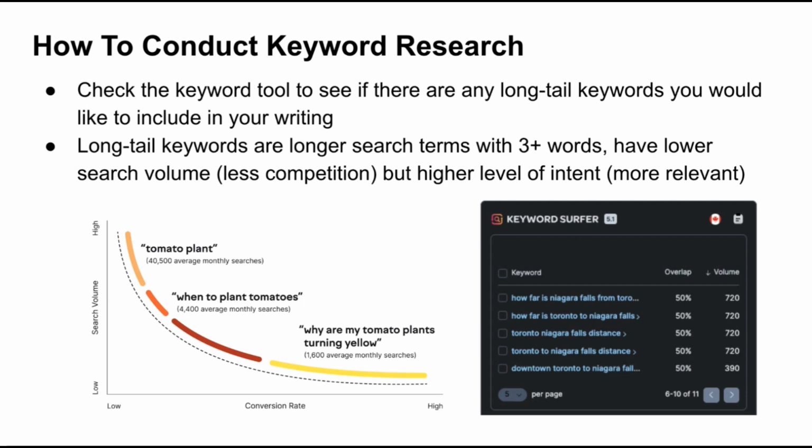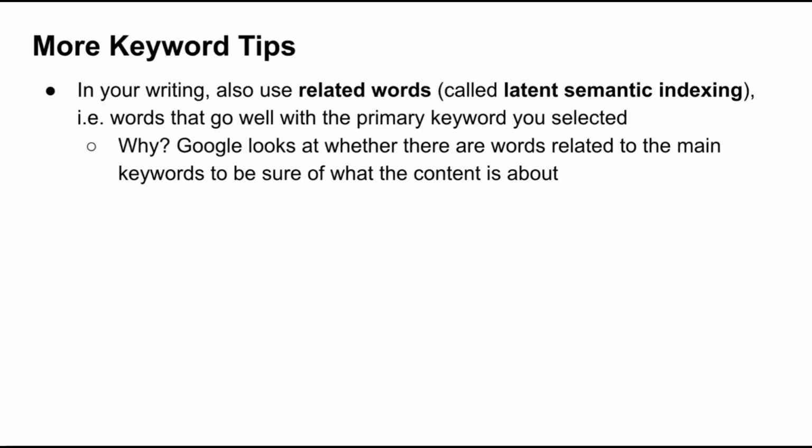All right, so you've conducted some keyword research. Now, consider a few additional tips when you're building out your list of keywords for your writing. Beyond your primary keyword, you also want to select one or two additional keywords, known as related keywords, that go along well with the primary keyword that you selected in the prior section.